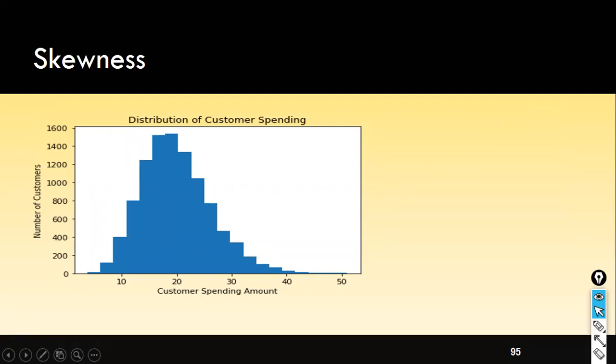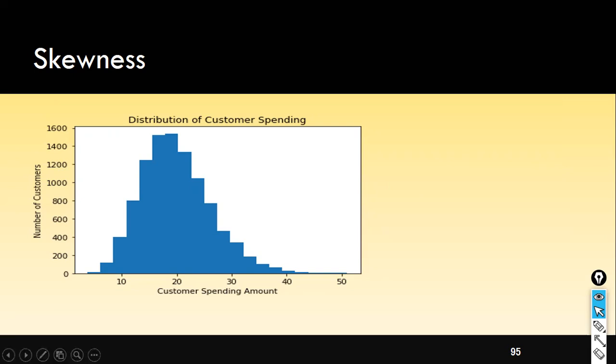So now the customer spending amount, we take the same example. What kind of story can we tell here? The peak of the histogram is around, let's say, $20 here, and there is a long tail to the right of the peak. This means that only a few customers spend a lot of money.